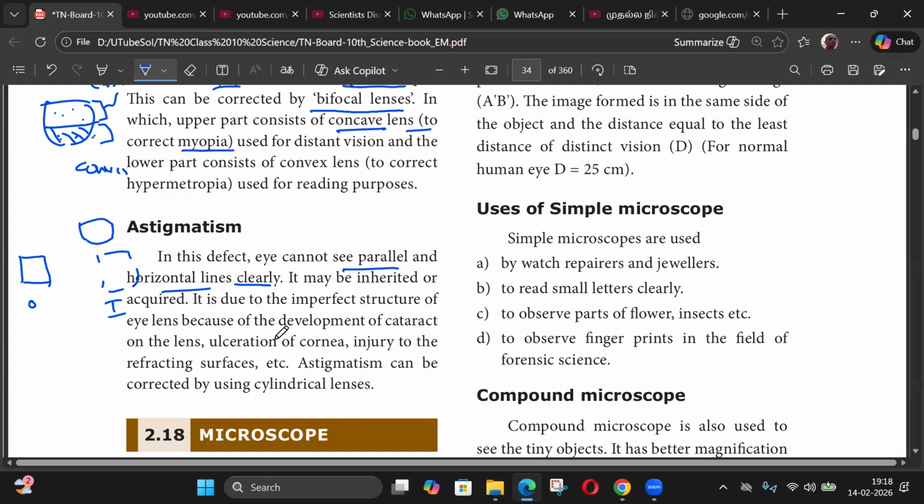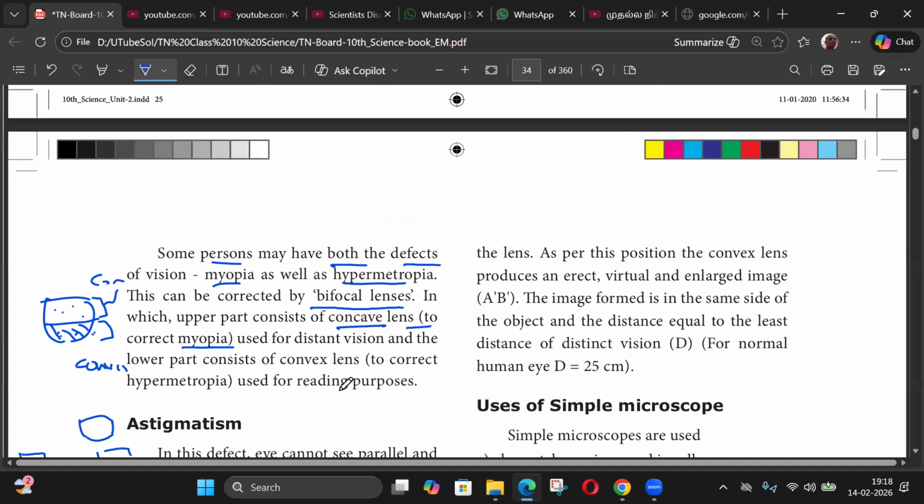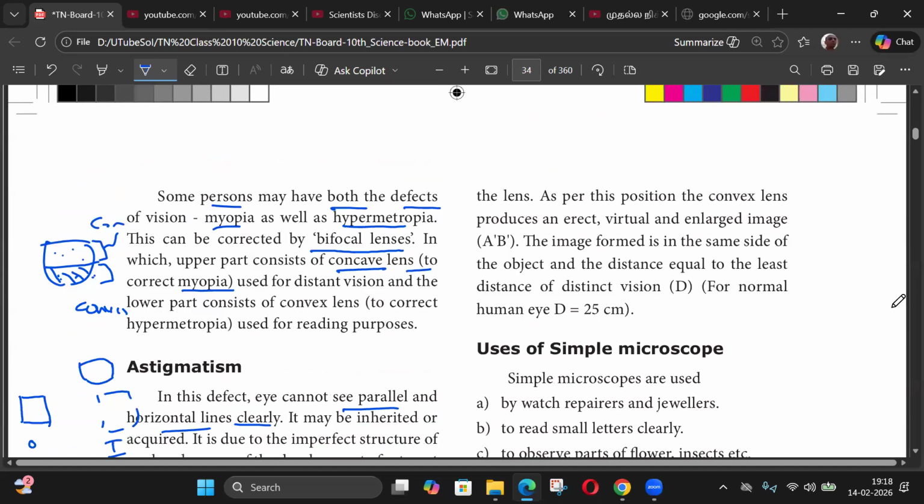It's due to the structure of the eye lens, which is cylindrical. A lens is created by taking two glass spheres, spheres like a ball, keeping the intersecting part and removing the other part. This gives a convex lens. Understood?